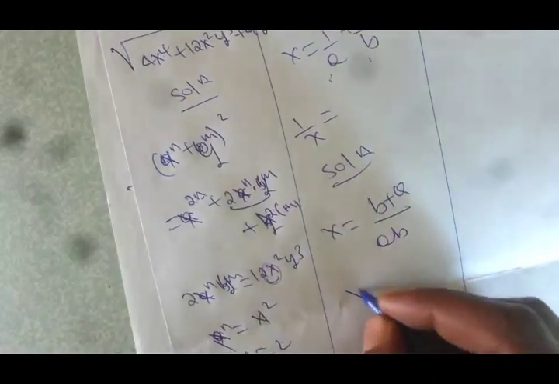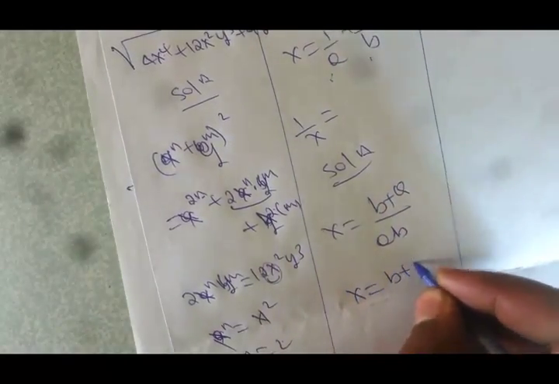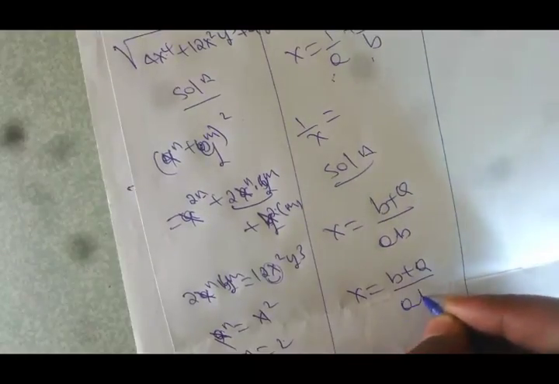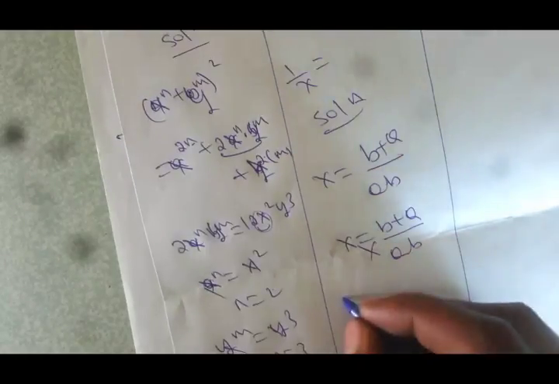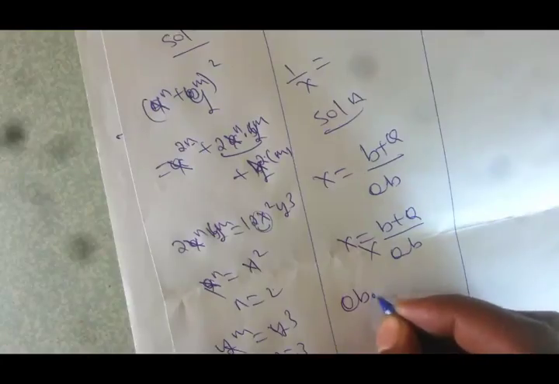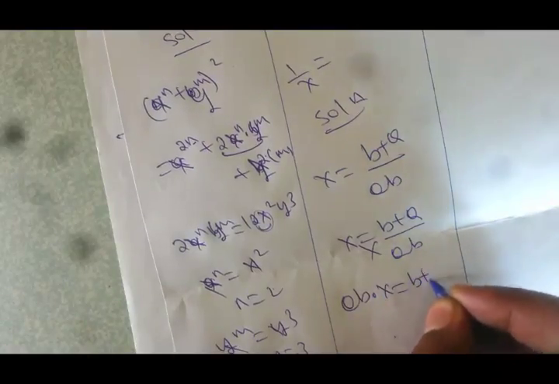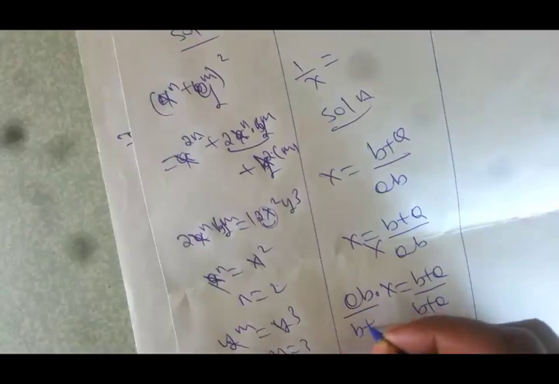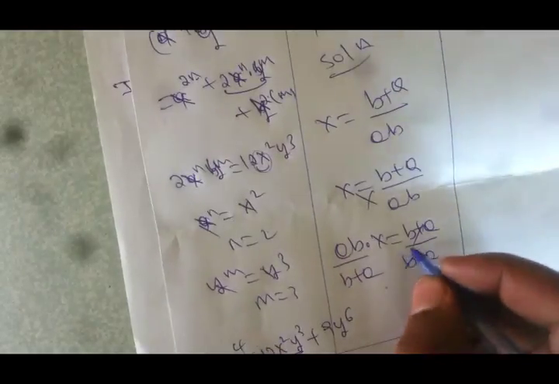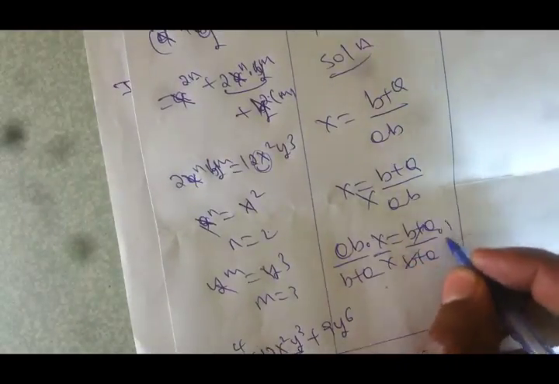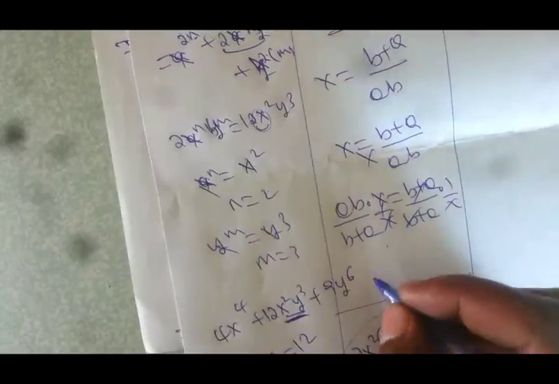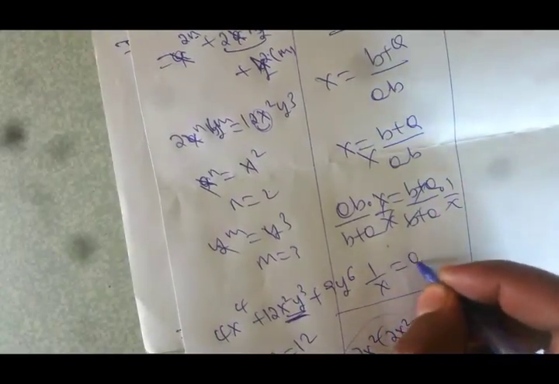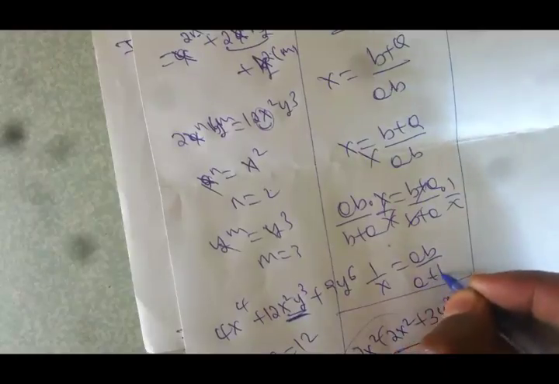Therefore, x is equal to b plus a over ab. Cross-multiplying, ab times x is equal to b plus a. Therefore, 1 over x will be ab over a plus b.